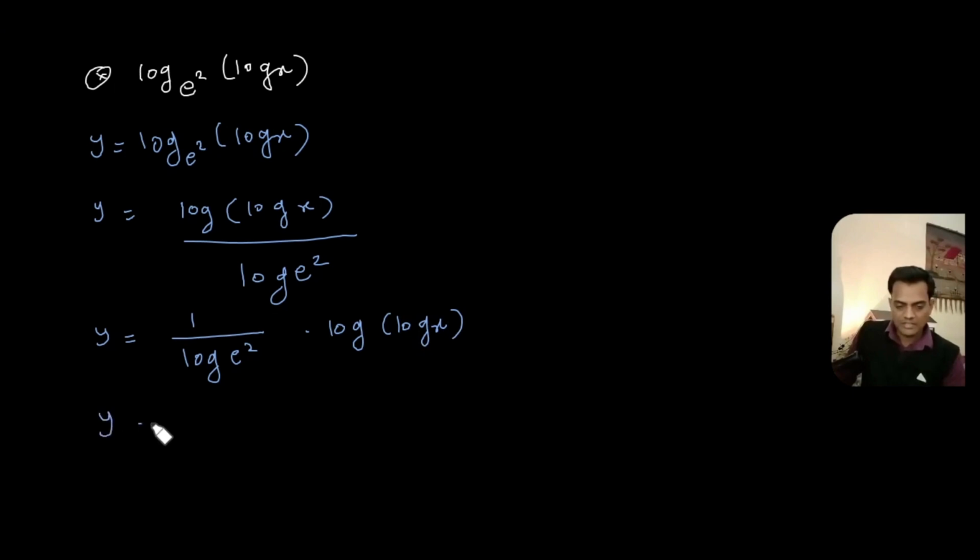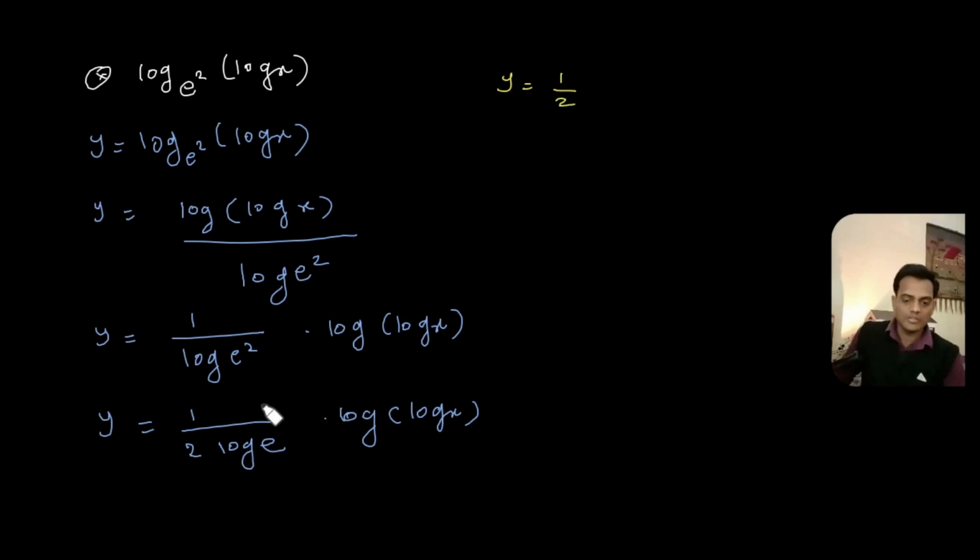So y is equal to 1 upon 2 into log of e, and then the log of x. I can write y is equal to 1 upon 2 log of x, because log of e is equal to 1, and now I can take the derivative.